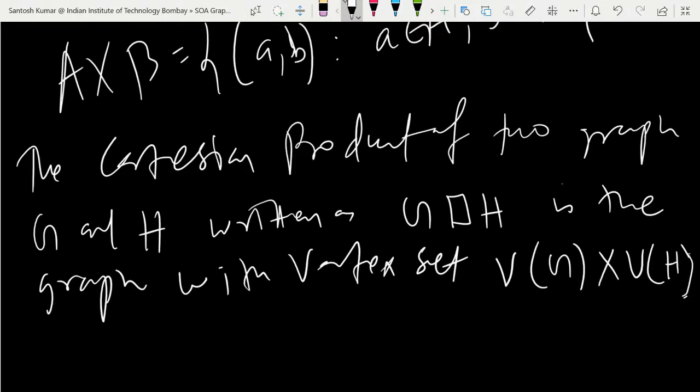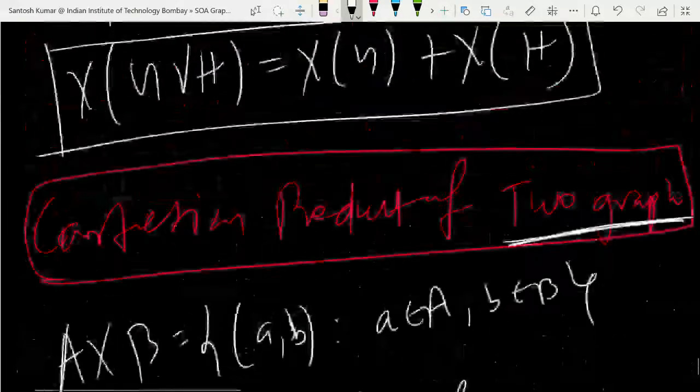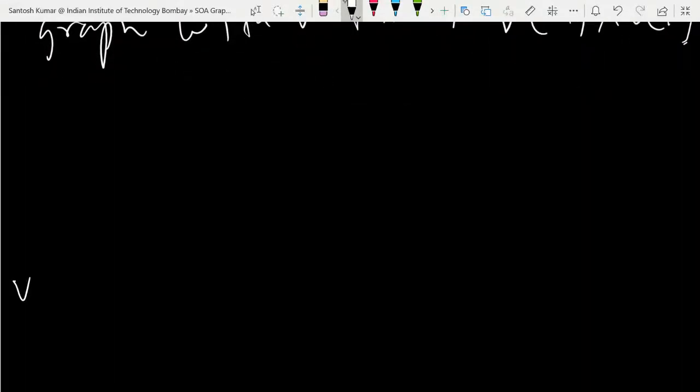V(G) is the vertex set of G and V(H) is the vertex set of H. So if I would like to define this term, one minute, I will define it there.